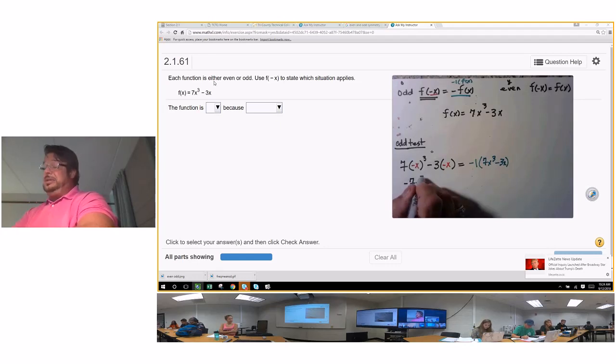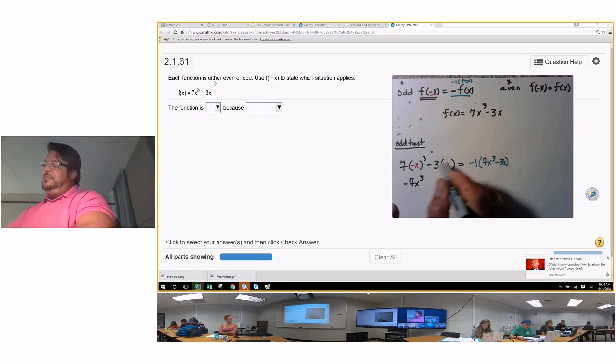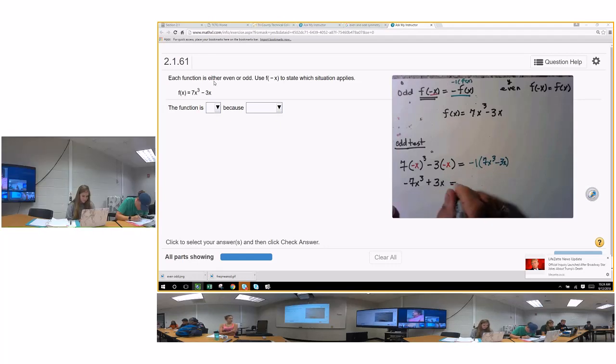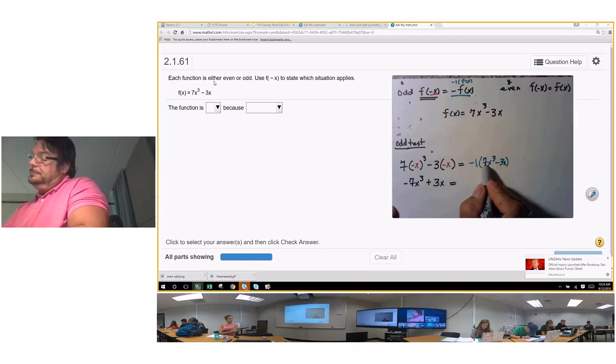Or you could say 7 times negative x cubed, but that turns out to be negative 7x cubed. What's negative 3 times negative x? 3x. What's negative times positive 7? Negative 7. And what's negative times a negative? Positive.